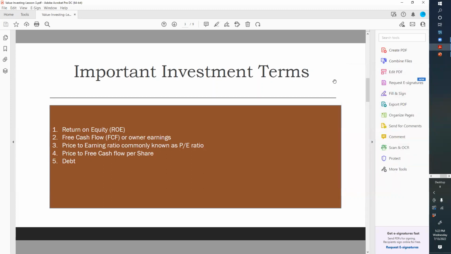Warren Buffett likes return on equity so much. Many times he makes decisions based on return on equity. The company that has produced consistently high return on equity will ask you a high premium.